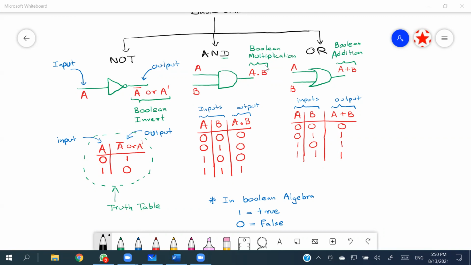So the NOT gate indicates an inversion, AND indicates a multiplication, and OR indicates an addition. But all these things are not in the general mathematical manner, but in the Boolean manner, related to Boolean algebra, these operations are being taught, right?